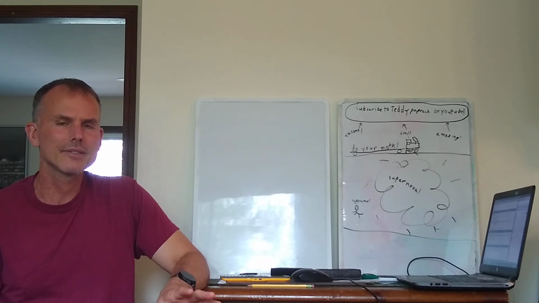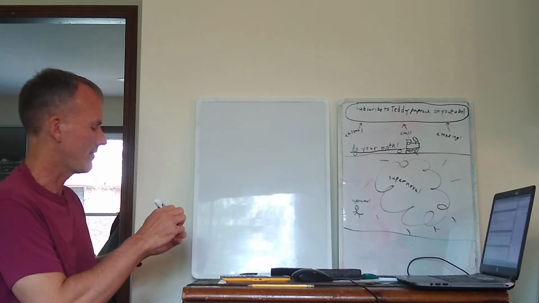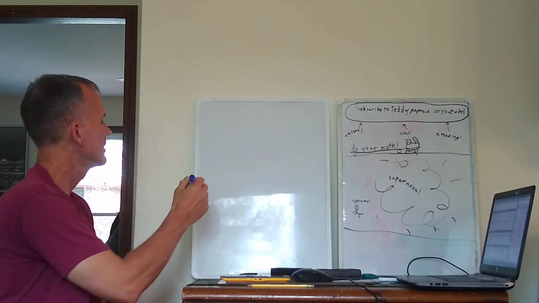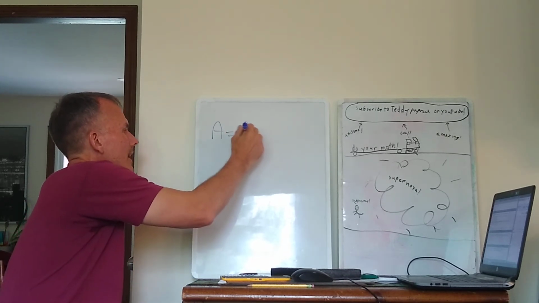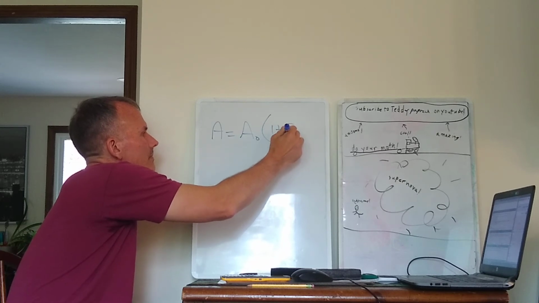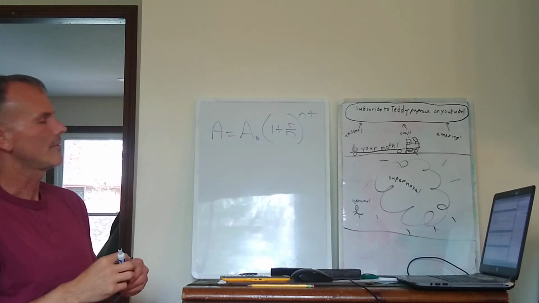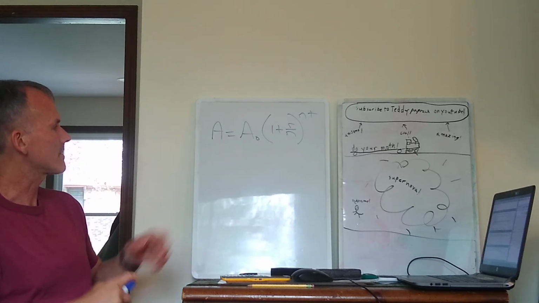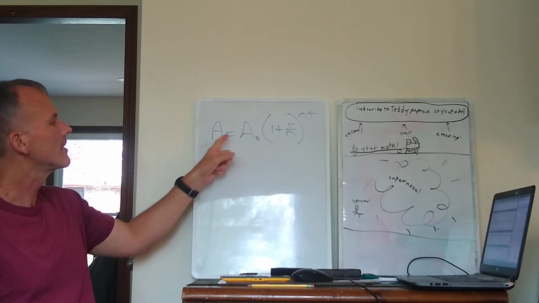To solve this, you're going to want to use the compound interest formula. If you have misplaced that, go find it, or you can just wait for me to write it right here. This is your initial amount invested. That's your final amount that you end up with.